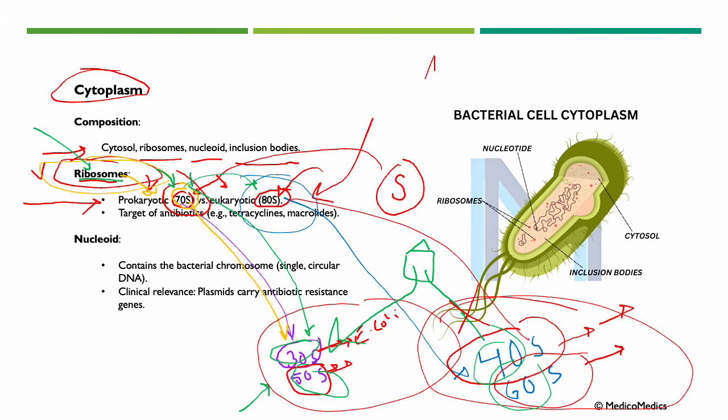Now these aminoglycosides bind to the 30S subunit, preventing the attachment of the aminoacyl tRNA, thereby inhibiting protein elongation. Excuse me, that's not right. What they do is they bind to the 30S subunit of the bacterial ribosome, causing misreading. They cause misreading of the mRNA, inhibiting protein synthesis.